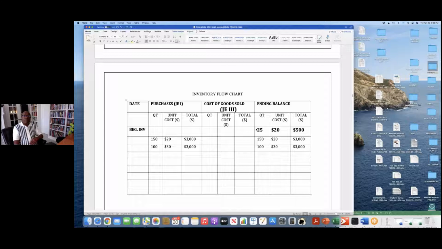So we're going to bring down the 25 and put them in. So we still haven't gotten where we need to be, so we're going to bring these down. So how many have we sold now? 350?